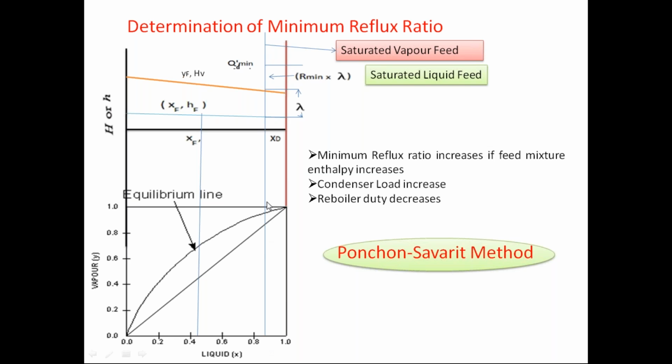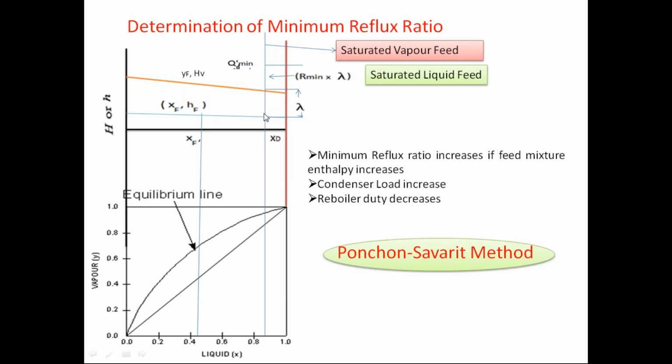First you have to draw a vertical line at xD, and at xF also you have to draw one, so that you will know the corresponding enthalpies. This is the enthalpy of the feed, HF, and this is the enthalpy of the vapor which will be obtained at the top of the column, and this will be the enthalpy of the reflux which is sent back. Both are at saturated condition, because let us say you are using a total condenser.